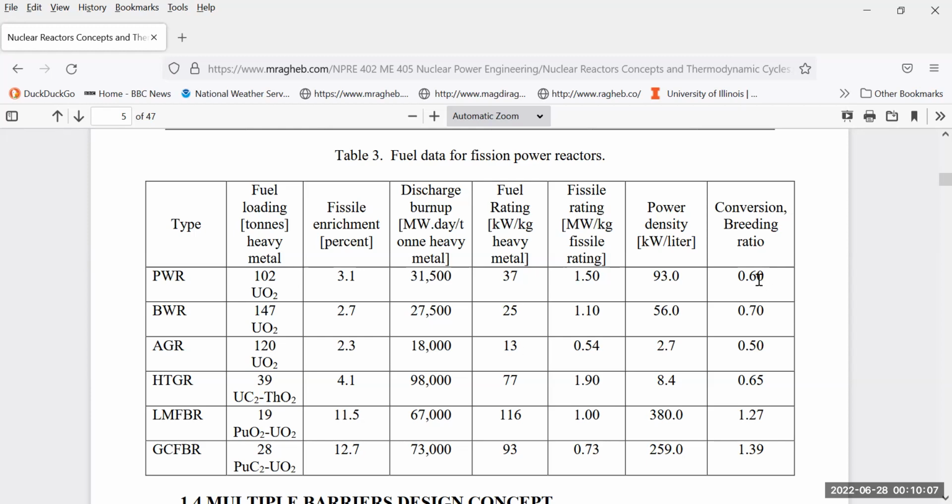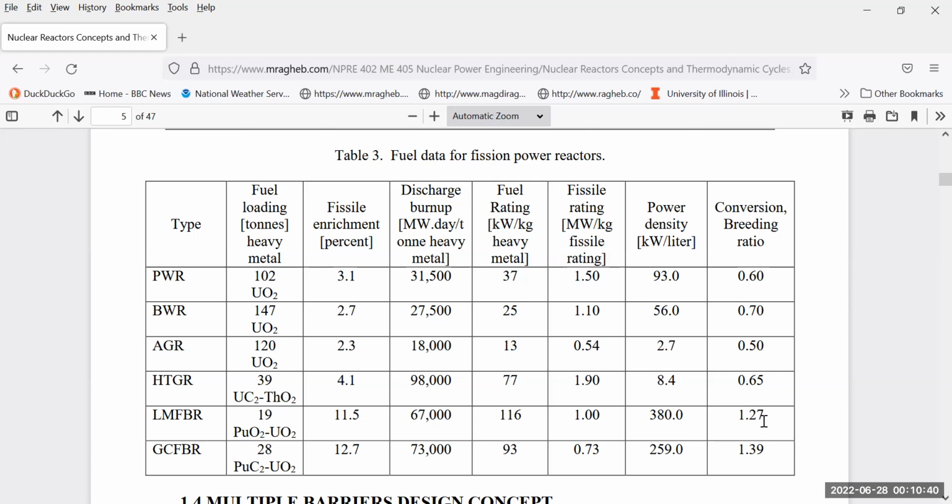And the amount of fissile material that you produce relative to the amount that you burn can be 0.6, meaning that you create on the average 0.6 atoms of, say, the plutonium-239, which is fissile, relative to the number that you burn. If you go to the liquid metal fast breeder and say use what's called the mixed oxide here of uranium dioxide and plutonium dioxide, that conversion is now designated as breeding ratio.